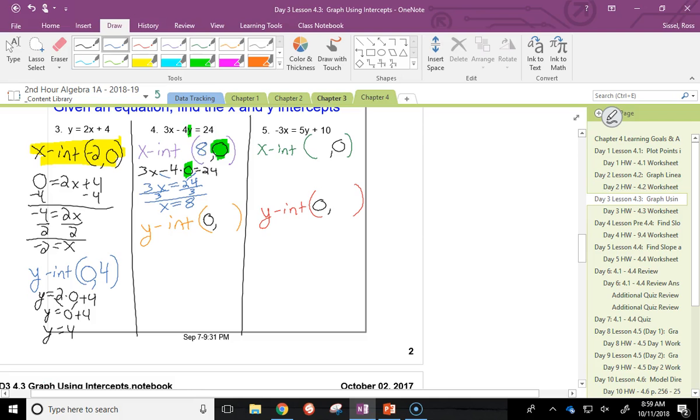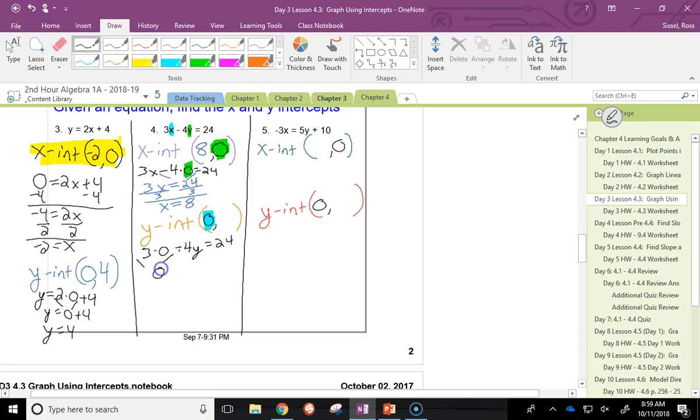I got that. We go to our y-intercept. I'm going to make my x-coordinate 0. We know when we have a y-intercept, our x-coordinate is always 0. So this time I'm making that x 0. So I'd say 3 times 0 minus 4y equals 24.